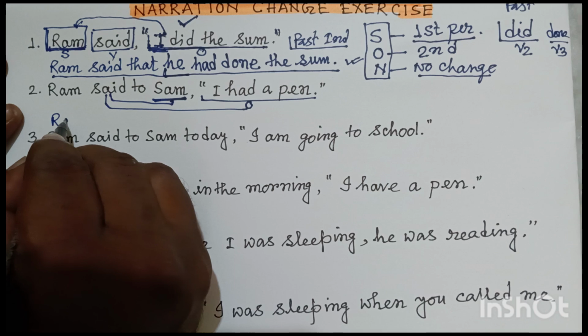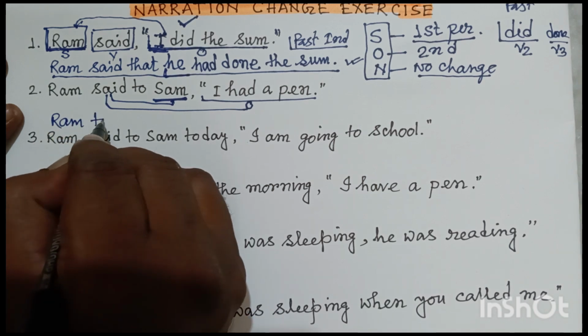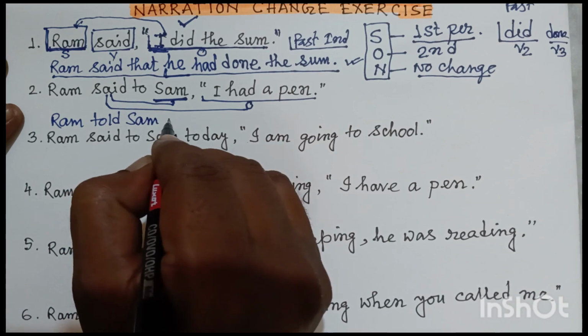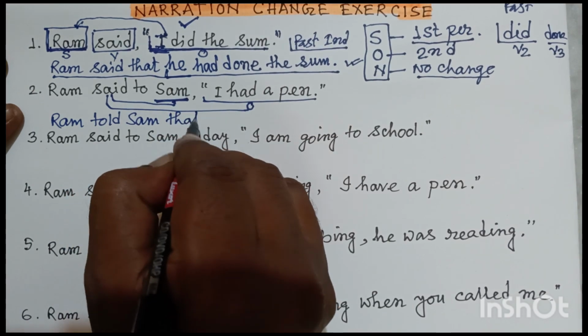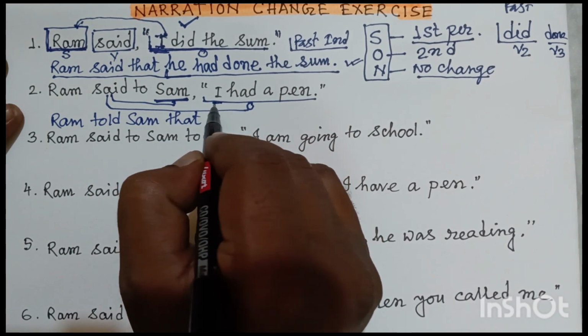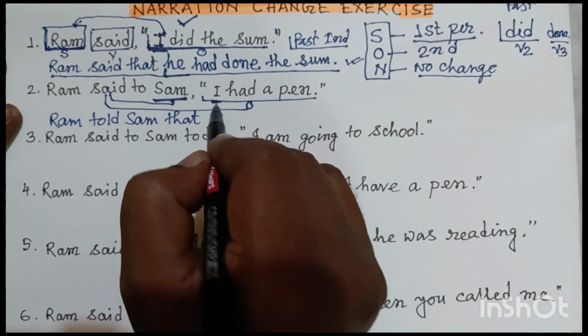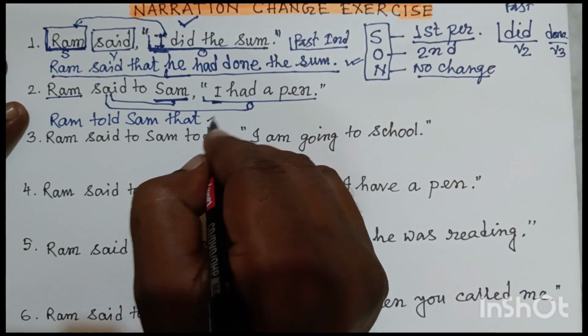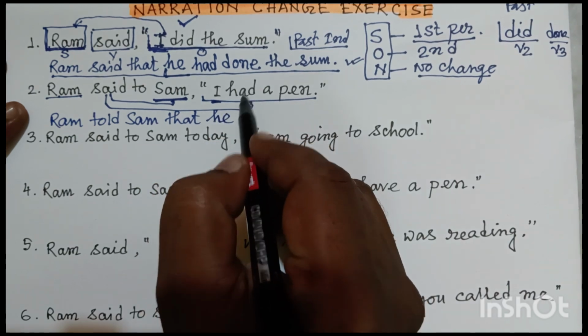So Ram told Sam that I is the first person. So it will be changed according to the subject Ram. So the pronoun of Ram is he. We placed he here.